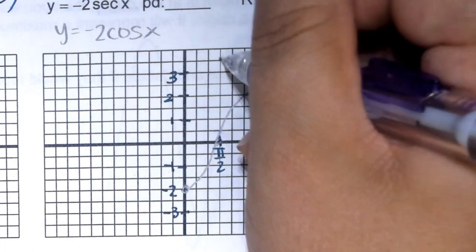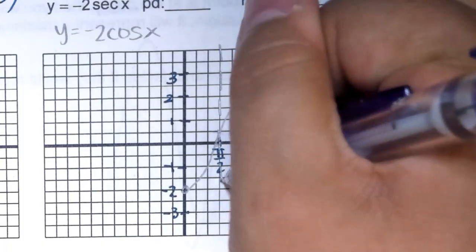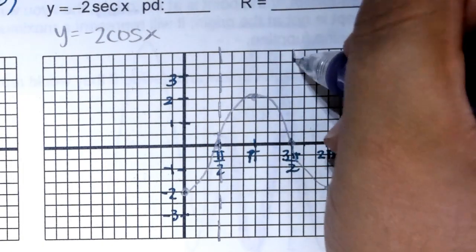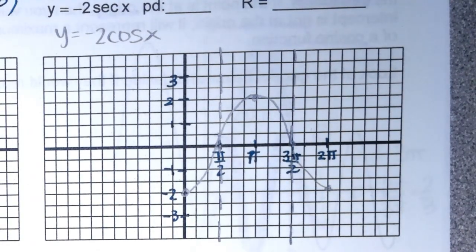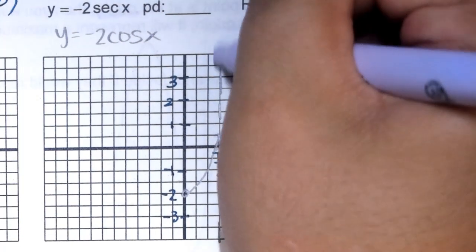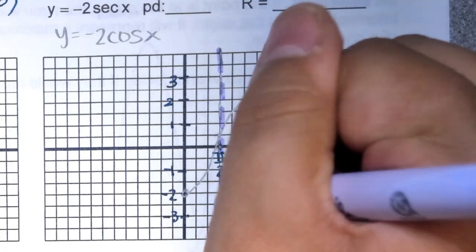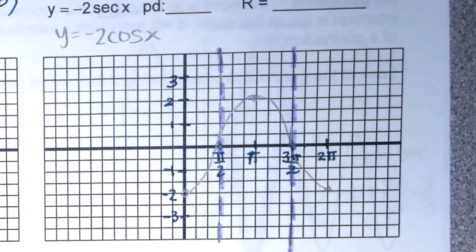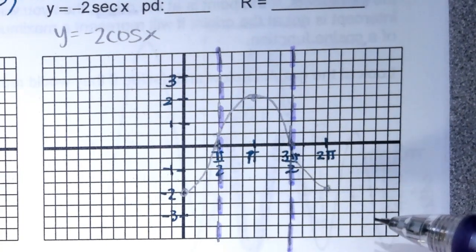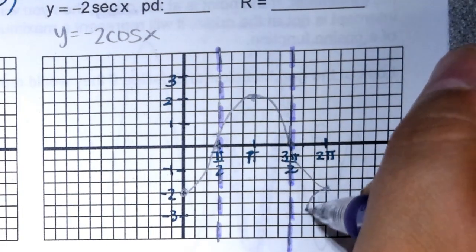Where the zeros are, at your pi over 2's. And then how do I graph my curves for this one? Because it's a little bit different. Opposite. Just kind of like reflect it.